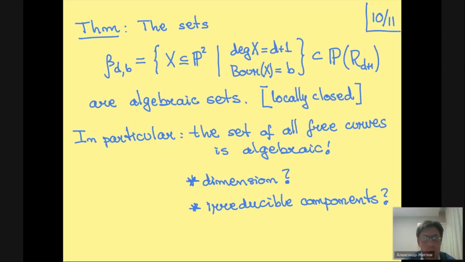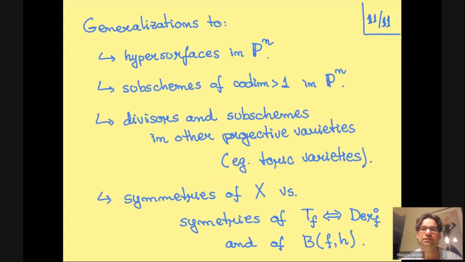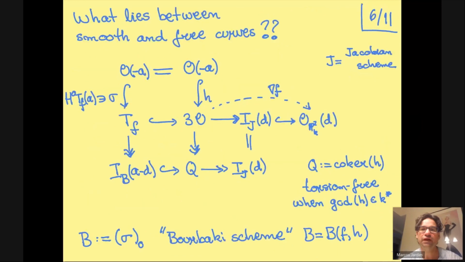And what is the proof of this theorem? So, if you look at this exact sequence here, it means that we can look at this morphism as a Quot scheme. So there is a Quot scheme involved.